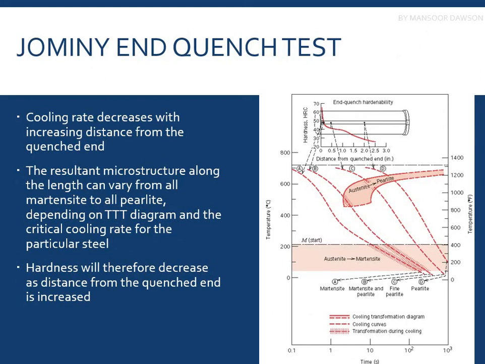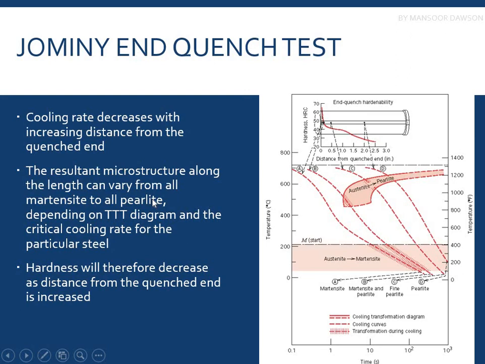In this test, what we obtain is that the cooling rate decreases with increasing distance from the quenching end. As we are quenching our part from this end, the quench end has a distance of 0, because we are directly applying our water jet to this end, and at this part there would be the highest cooling rate, and following to the other end the cooling rate would be decreasing.